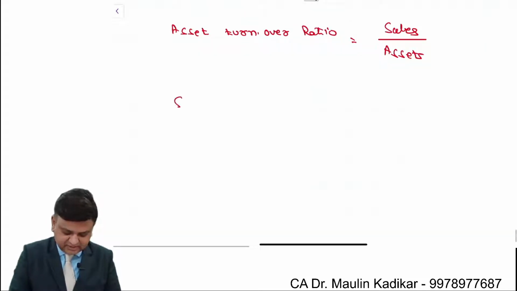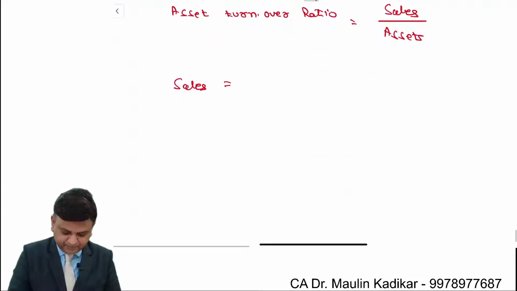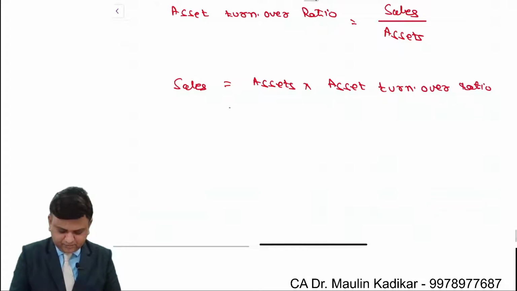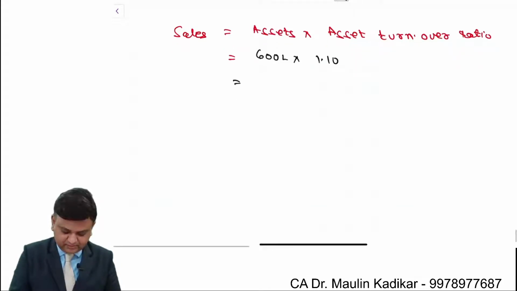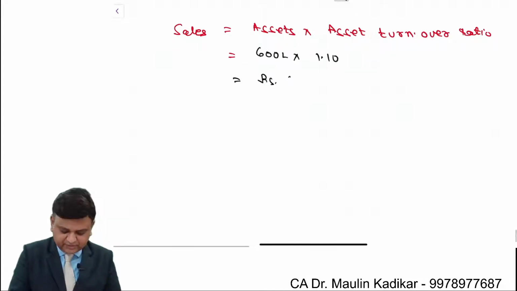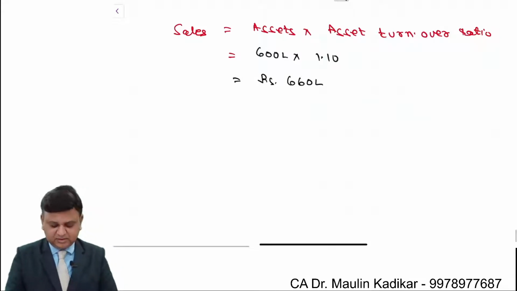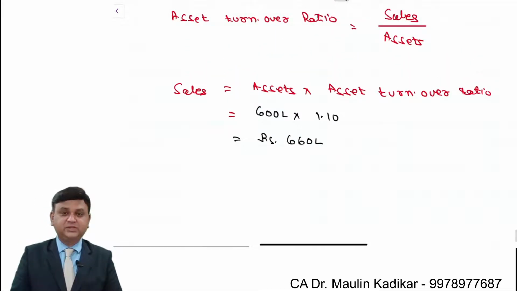So we understand that sales is equal to assets into asset turnover ratio. Asset value is given to us in the question, an amount of 600 lakhs, and asset turnover ratio is 1.1. That comes to an amount of 660 lakhs. That is the sales value provided to us in the example.